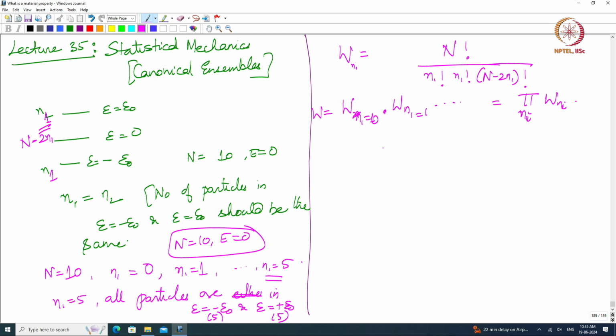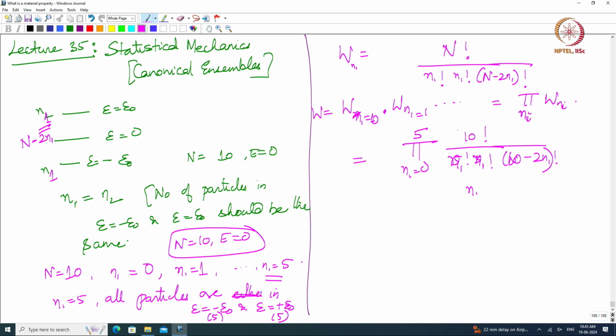So, that actually tells me that this is a product over n1 equal to 0 to 5 in this case, of 10 factorial divided by n1 factorial times n1 factorial times 10 minus 2 n1 factorial, right.